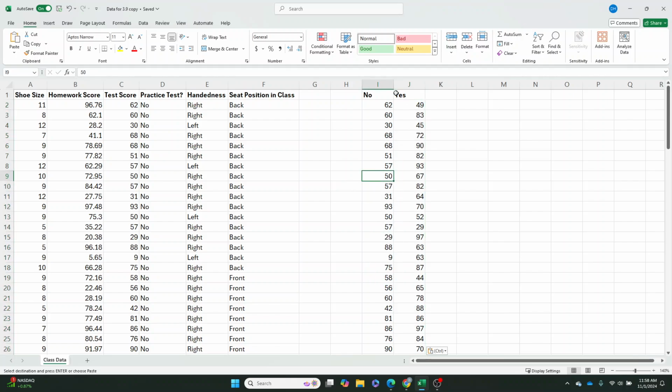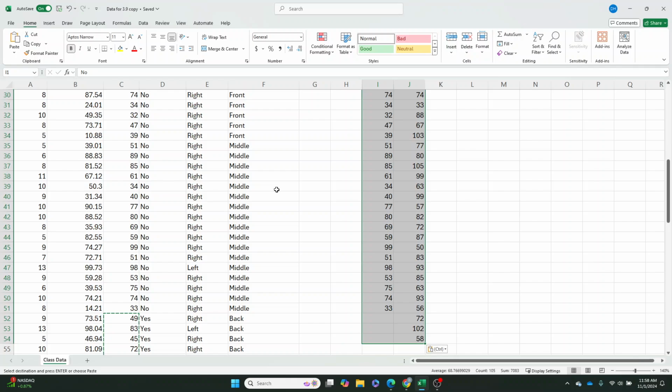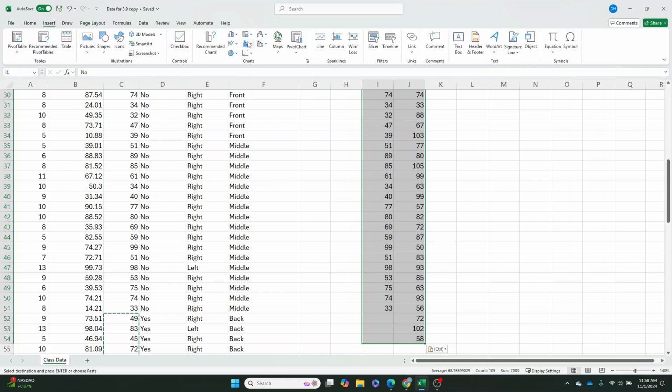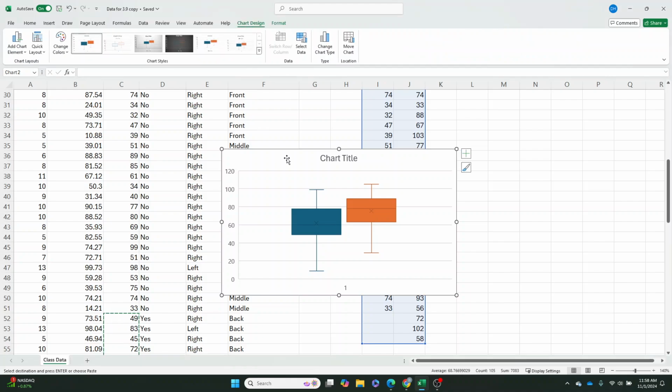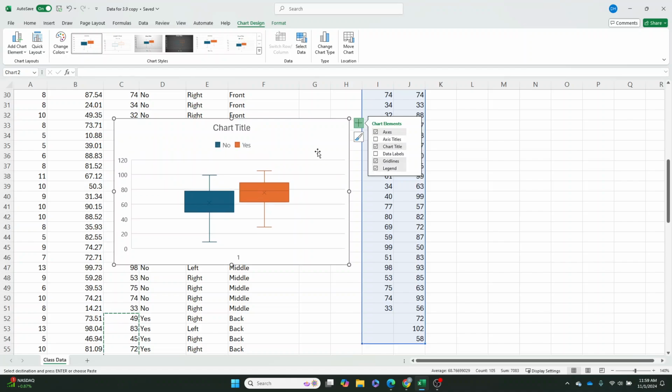And then once again, I could calculate the sample means of these two columns by typing in equals average, and then selecting the data. But since I will get the sample means by making a box plot anyway, I might as well just look at the box plot. And let's add a legend so I know which group is which.